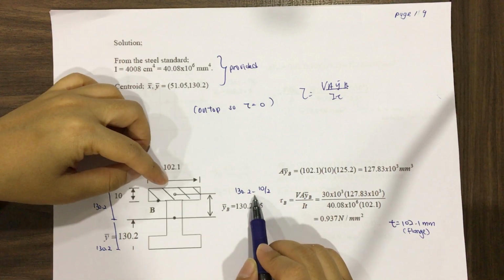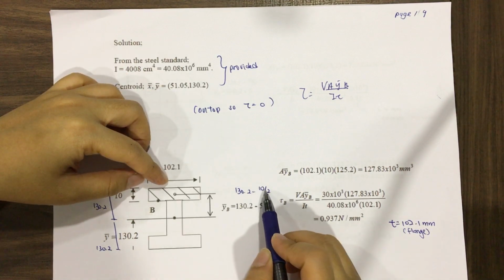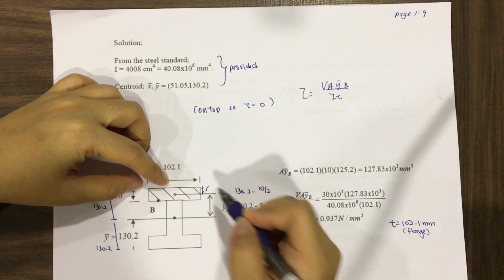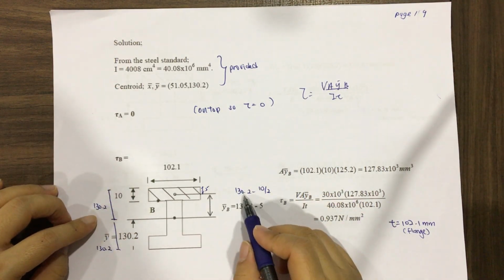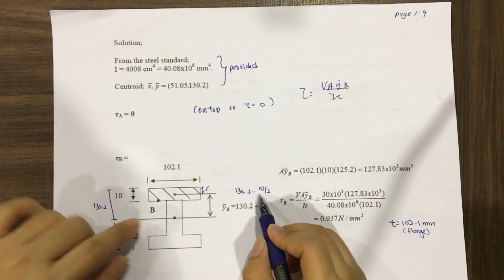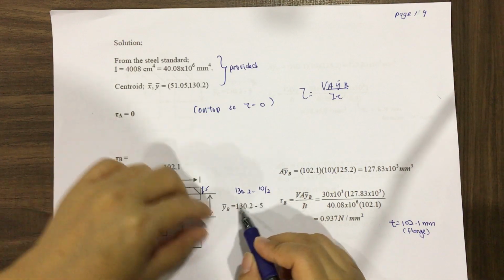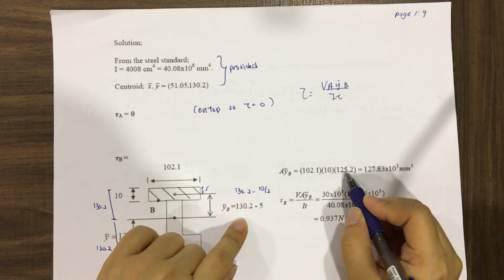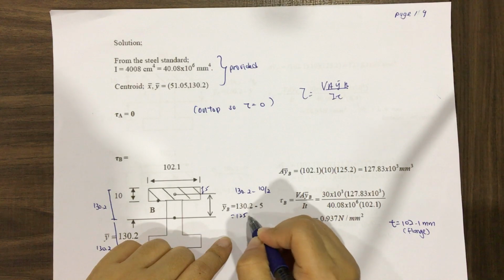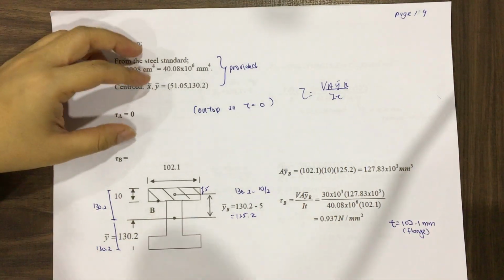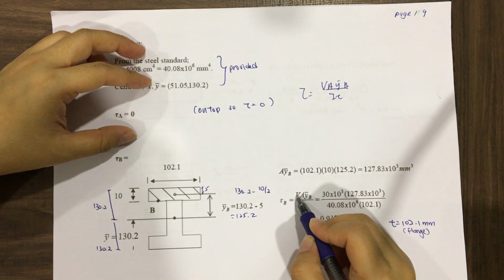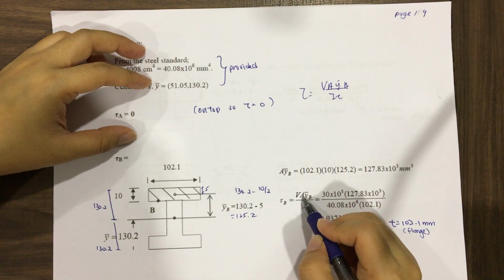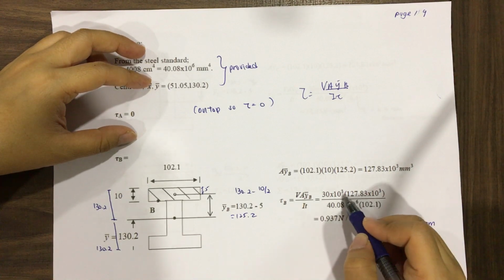YB is the centroid for this, which is 10 over 2, so 5. It means it's the overall 130.2 minus the value of top, then you will get this YB as 125.2. So you input the value of V 30, A, Y, B, then you get this value.